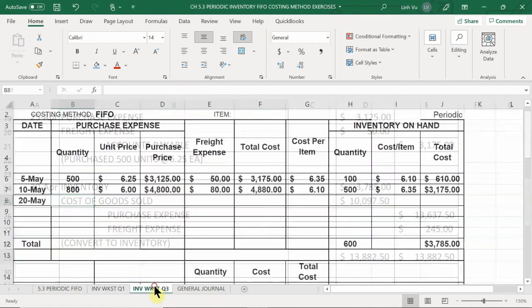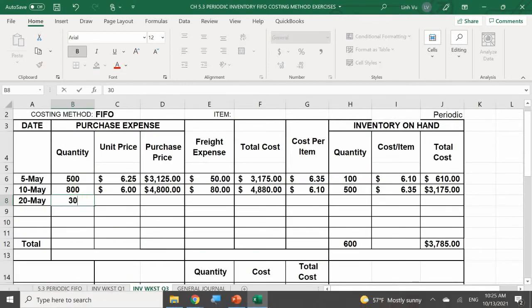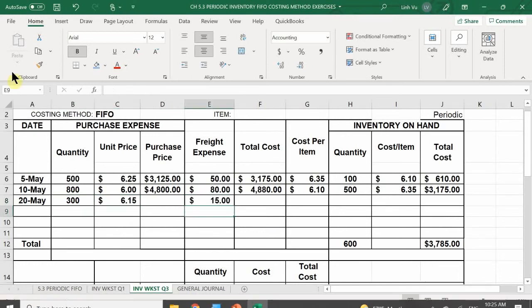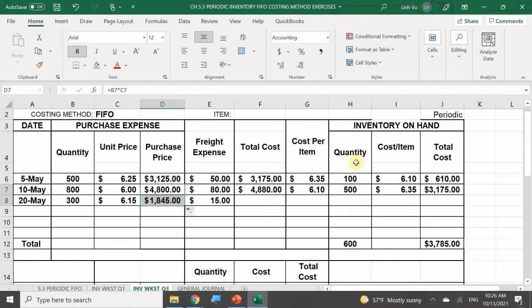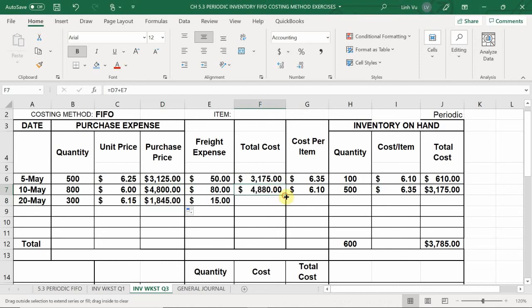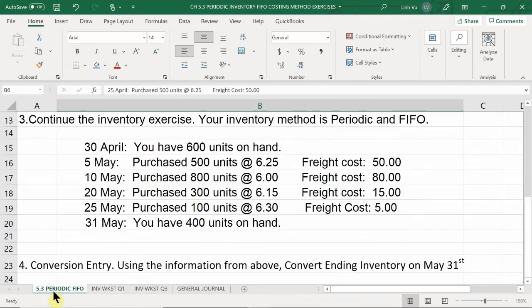So we have 300 at $6.15 with a freight of 15. What's my total purchase price here? 1,845, plus $15, 1,860, bringing my total cost per item to be $6.20.